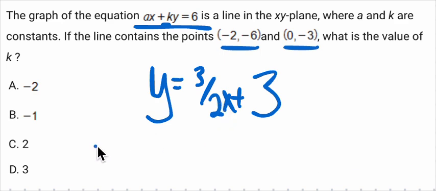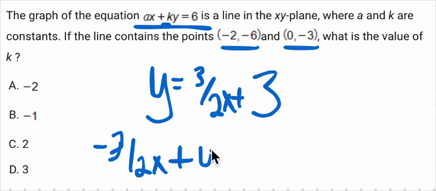So that's going to be -3/2 x, because I'm going to subtract it on this side. -3/2 x plus y equals 3. I see that technically there's a 1 here, which would be the number in front of y.